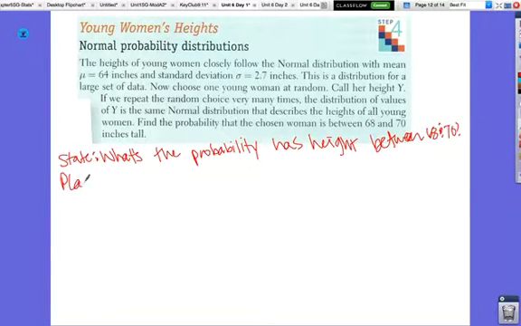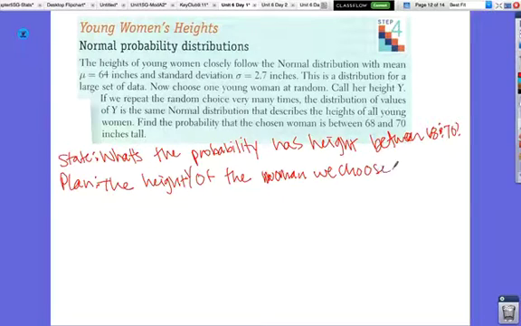The plan is we're going to say the height y of the woman we chose has a normal distribution, 64, 2.7.